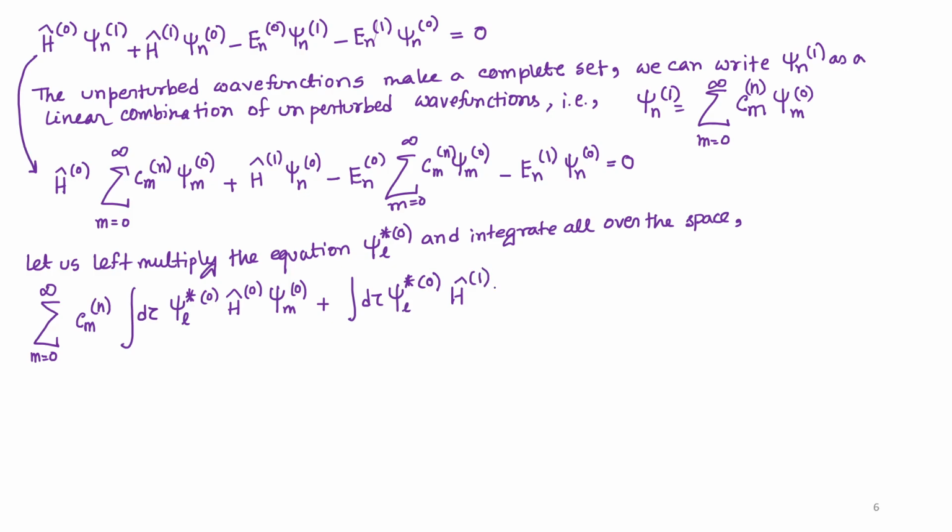Now this is the part of the function psi^(0). Now here again, m equals 0 to infinity, C_mn E_n^(0), d tau, psi_l star zeroth. This is the factor we have left multiplied with, and this is what was there earlier.